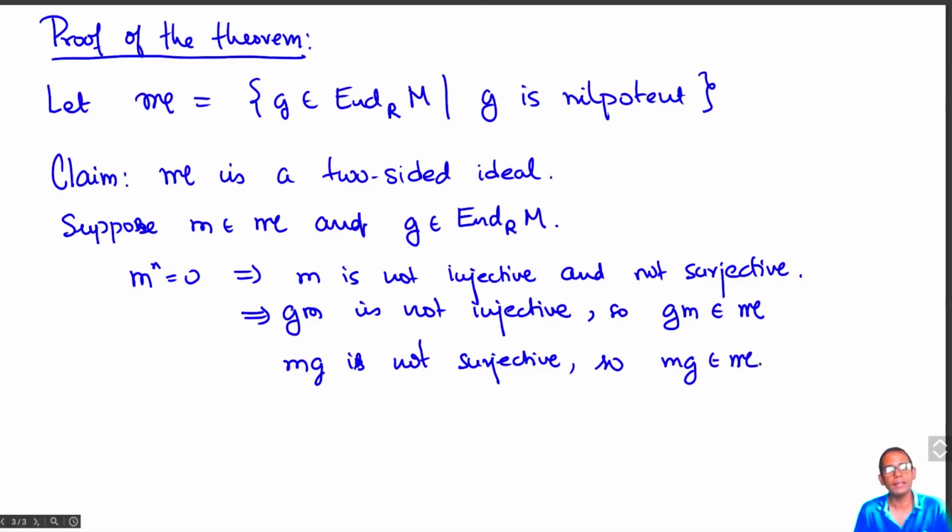So M is closed under left and right multiplication by elements of End R M. Now it only remains to show that the sum of two elements of M is in M.